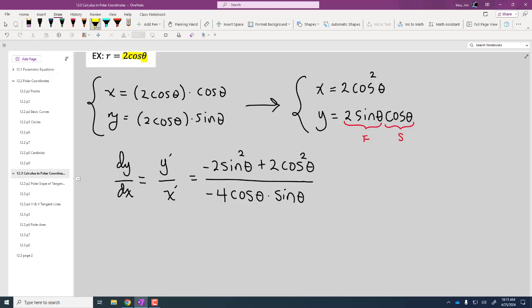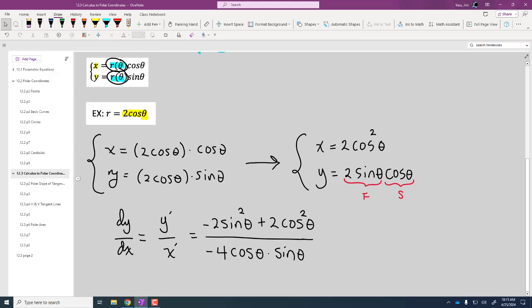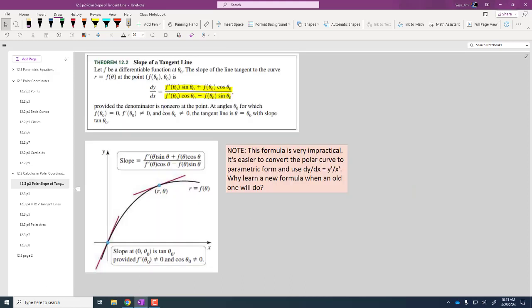Okay. My recommendation is to understand this process though. If you take your polar equation, convert to parametric, and then just do what we did in 12.1, y prime over x prime, that is a functional way to do it that you can actually remember. Convert to parametric, dy over dx. That formula is something no one in their right mind would ever memorize. If anyone wants to memorize it, they can. No extra credit for that, though, because that formula is worthless.